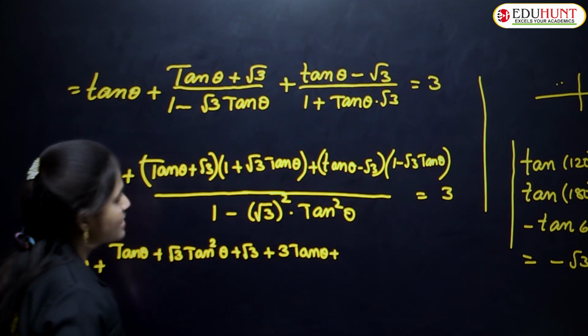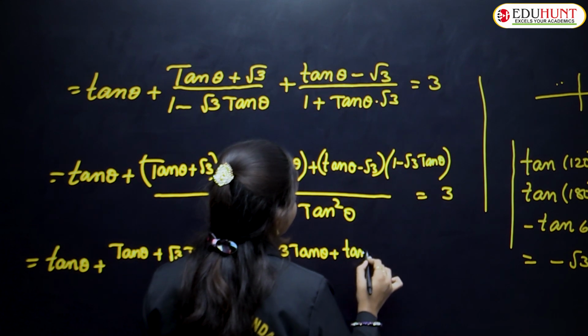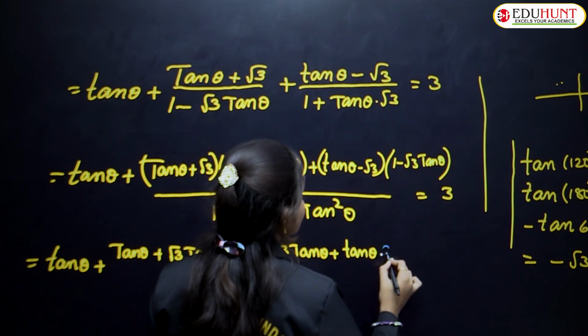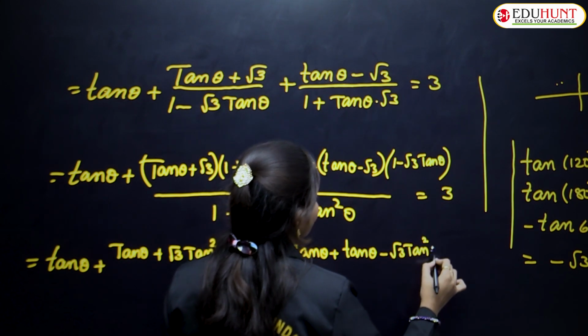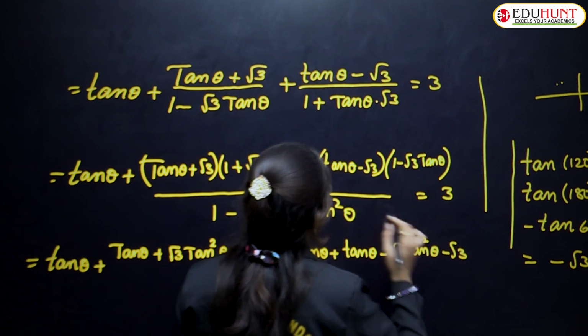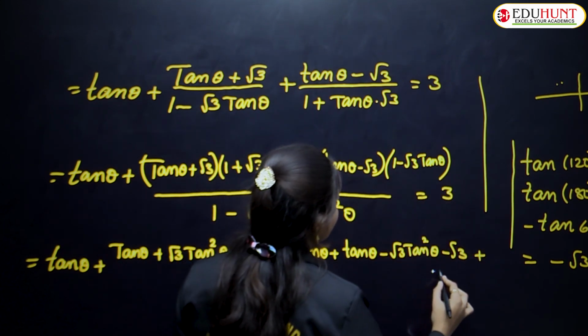Plus here tan theta into 1 is tan theta. Next tan theta into minus root 3 tan theta means minus root 3 tan square theta. Next minus root 3, and here minus into minus is plus, root 3 into root 3 is 3 tan theta.